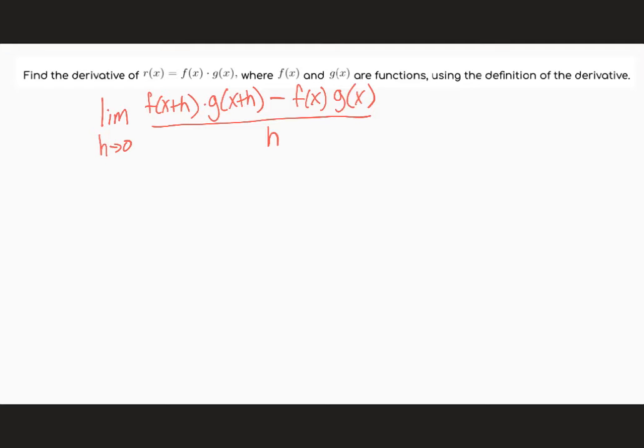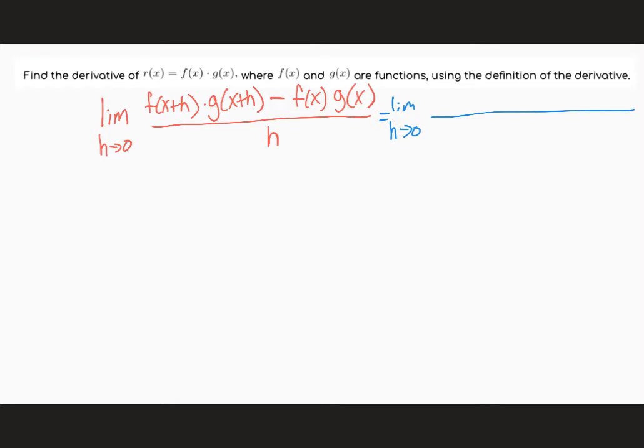And that looks like a mess. All right, to be able to simplify this, we're going to do a really weird thing. We're going to add and subtract the same thing to try to make this a little more factorable, a little more friendly. In doing that, I'm going to take the limit as h approaches 0.